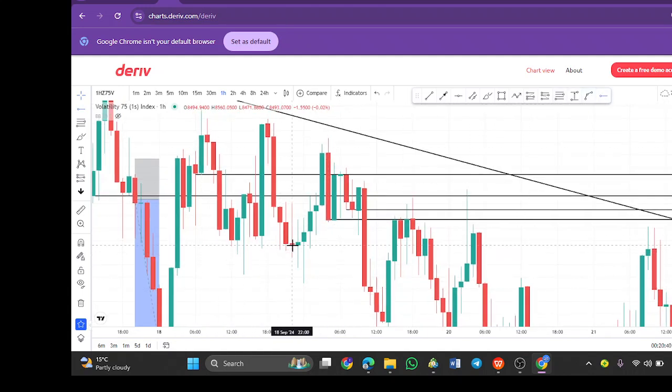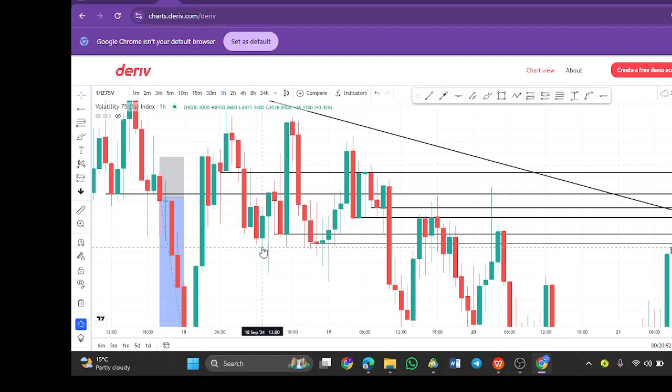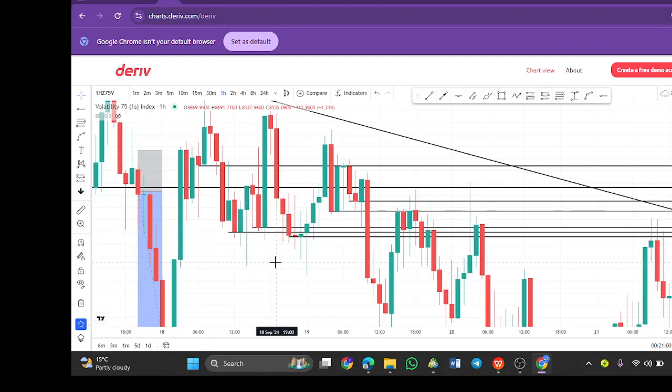This was also a sell zone, red followed by a green candle. So the size of the candle doesn't matter. But as long as what? We have a red followed by a green candle, then it qualifies to be a what? A sell zone. The size doesn't matter.